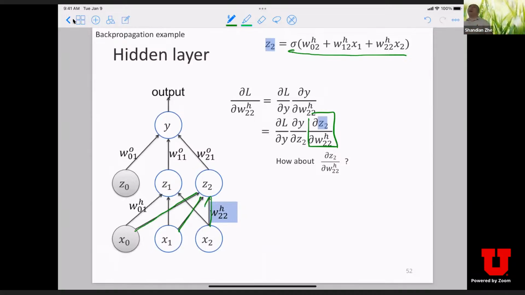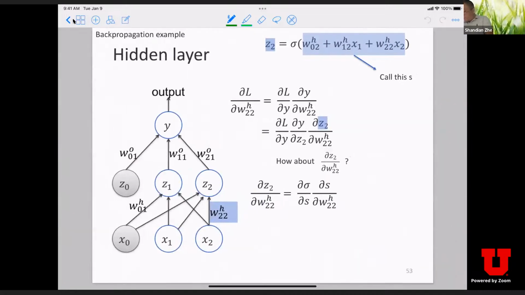We call the input to the nonlinear activation function as a whole S. Then partial Z2 over partial W22H is partial activation function sigma over partial S, and then partial S over partial W22H. So what is partial S over partial W22H?